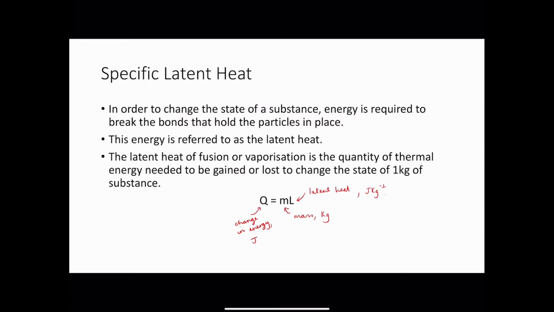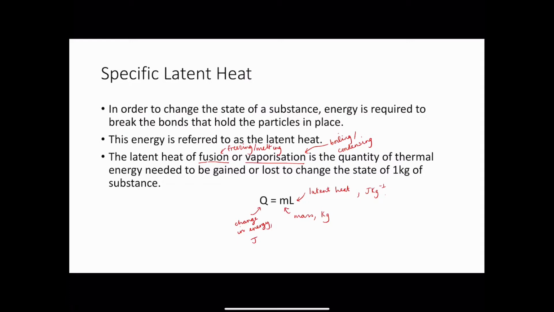What we really need to think about is whether or not we've got fusion or vaporization. So remember, like I've already said, fusion is when we have something that is freezing or melting, i.e. they're fusing together. Vaporization is boiling / condensing, or evaporating / condensing, however you want to think about it.